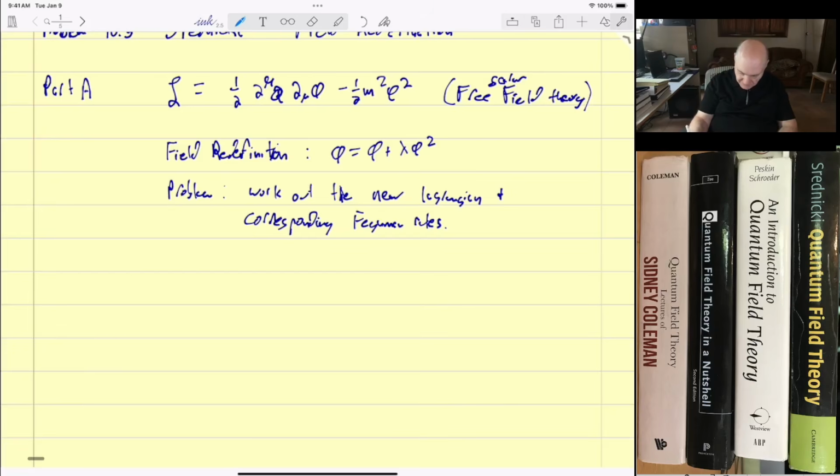Then part A is on that, and part B will be to compute at the tree level the phi goes to phi scattering amplitude.